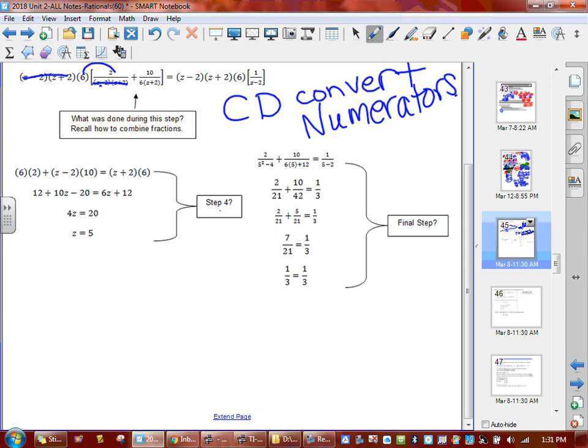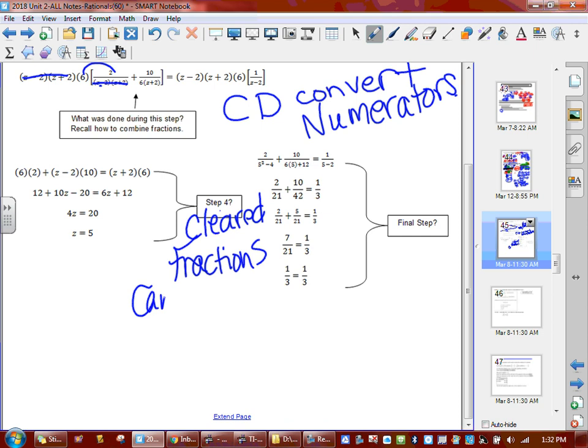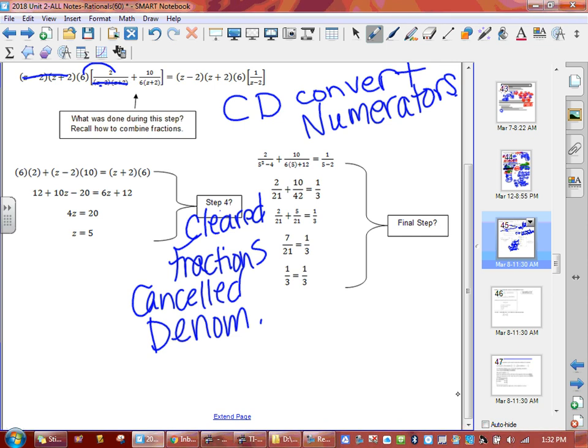Denominator. The bottom. So they cleared, it's called clearing fractions. They cleared fractions. You could also say canceled the denominator. Okay, you cancel the denominator out. You cleared fractions. They solved for z after they cleared the fractions.